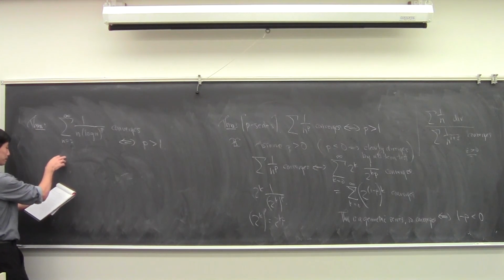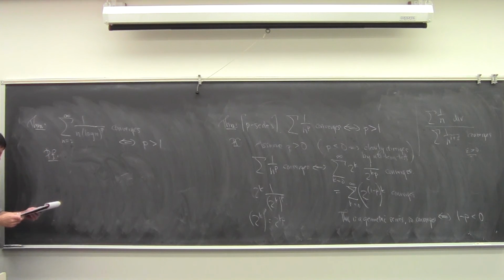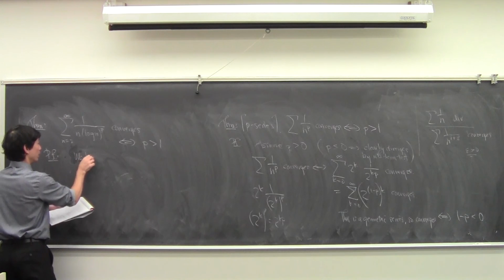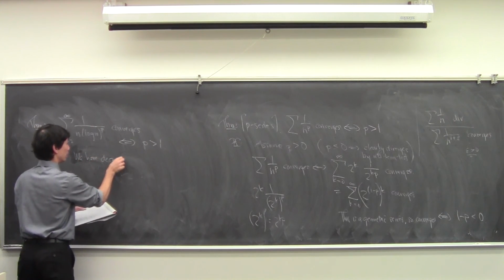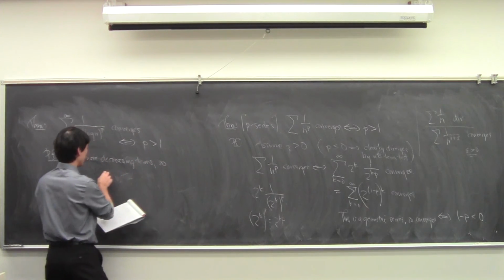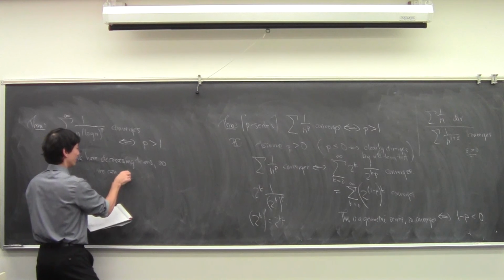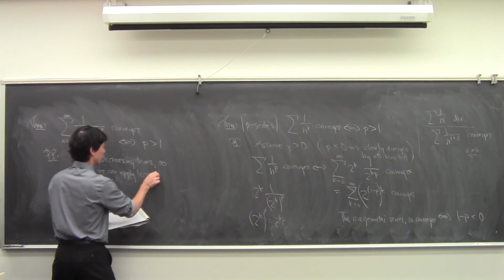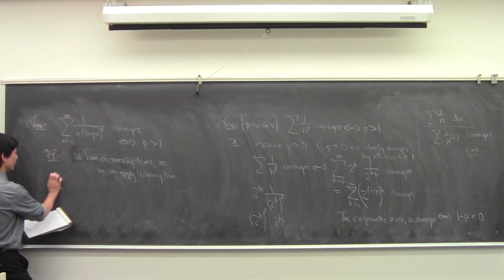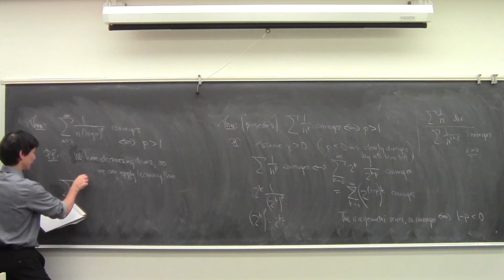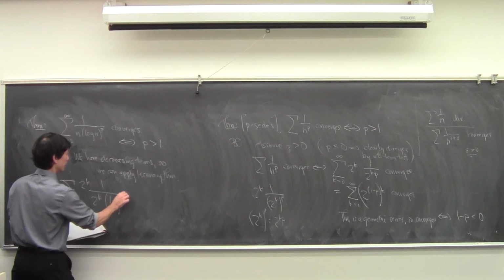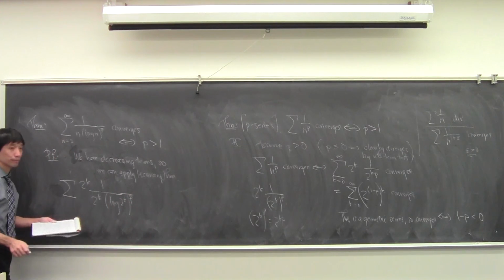Okay, so just to get through this quickly, again we have decreasing terms, so we can apply the lacunary theorem. And we see that we have to consider the convergence of 2 to the k times 1 over 2 to the k log 2 to the k, quantity to the p.